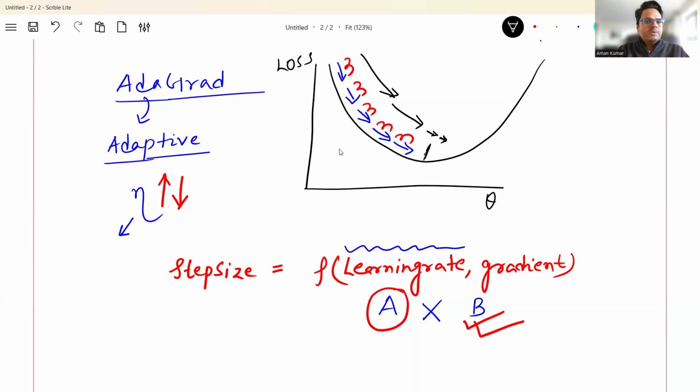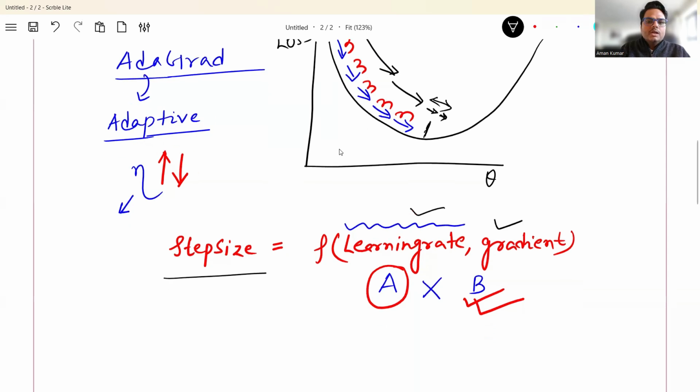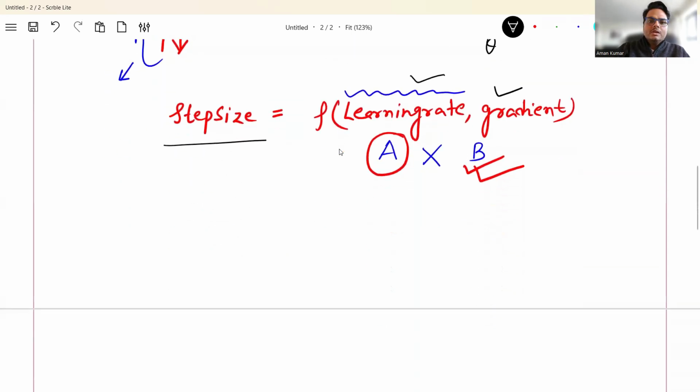So what I want to achieve is to move fast in the beginning and move slow in the end. When I say move fast or move slow, I am talking about the step size. I can control step size by gradient and learning rate. Now I ask you a simple question.